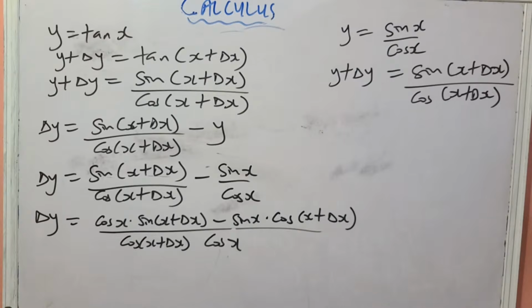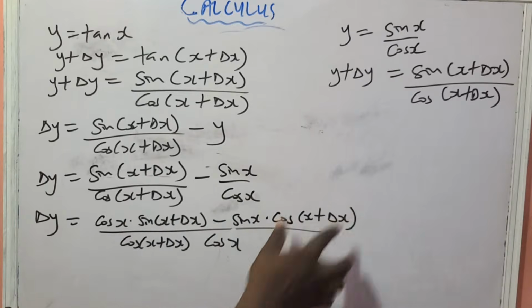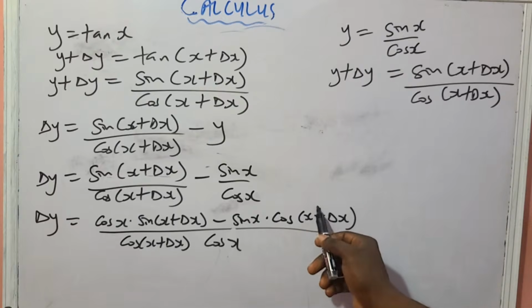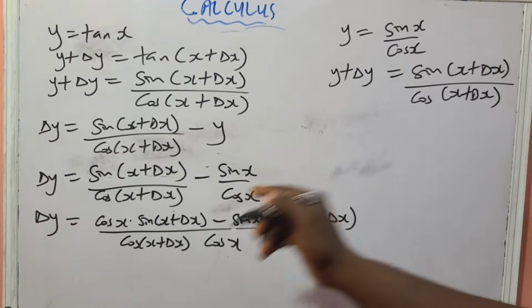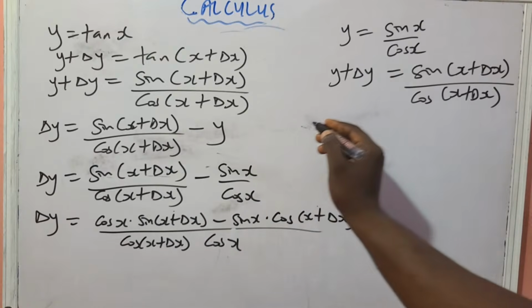But before we even open this, are you seeing something here? For anybody that doesn't understand trig identities, they're going to have serious issues, because the trig identity is needed here, since this is another compound formula. So of course we are applying this.